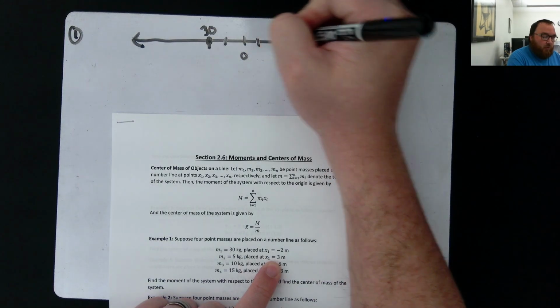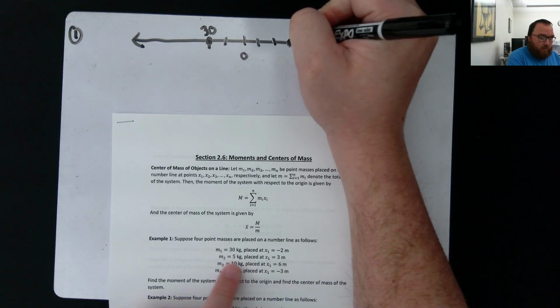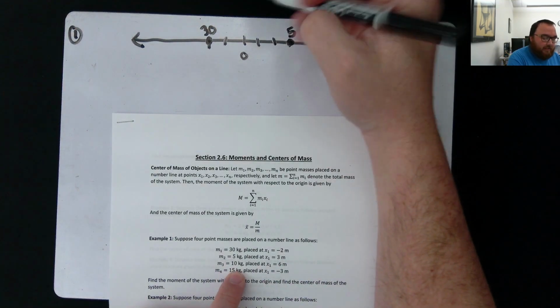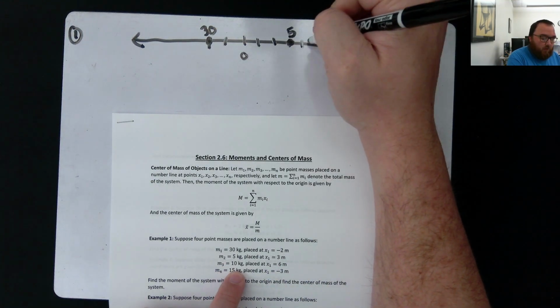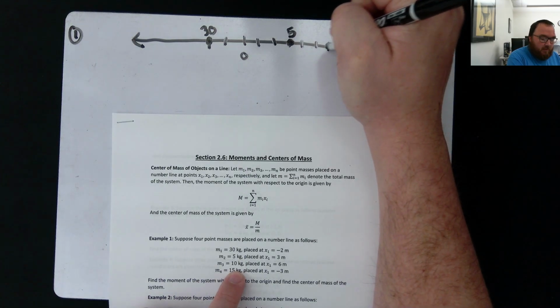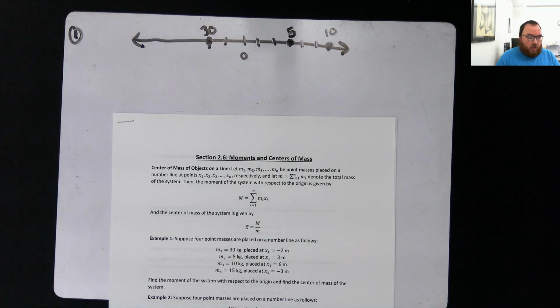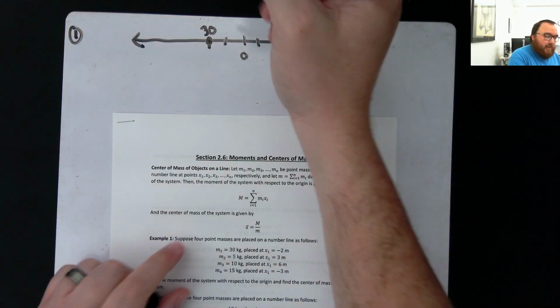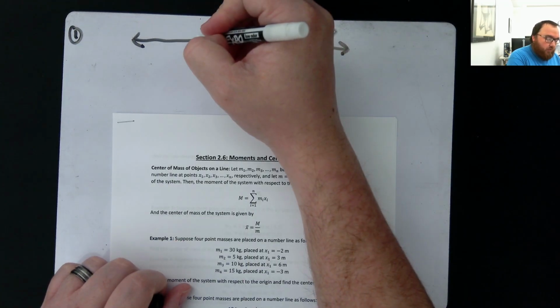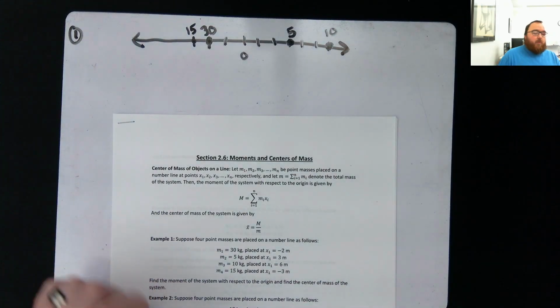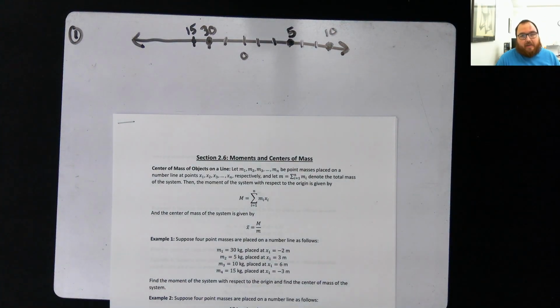So 1, 2, 3 is right here. Put a point there. The mass is 5. My third point is at 6, 1, 2, 3, 4, 5, 6, placed here with a mass of 10. And then my fourth and final point is placed at negative 3, and that mass is 15. I want to know where the center of that is.